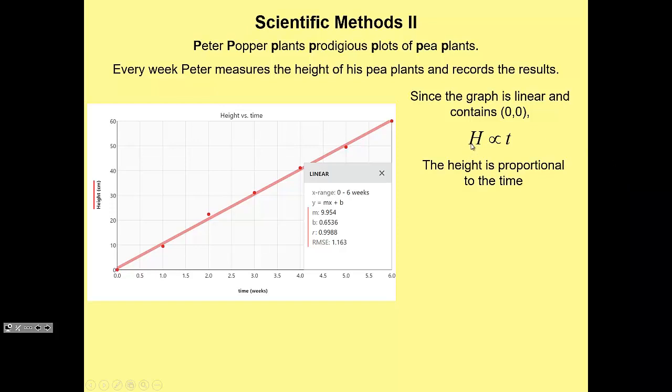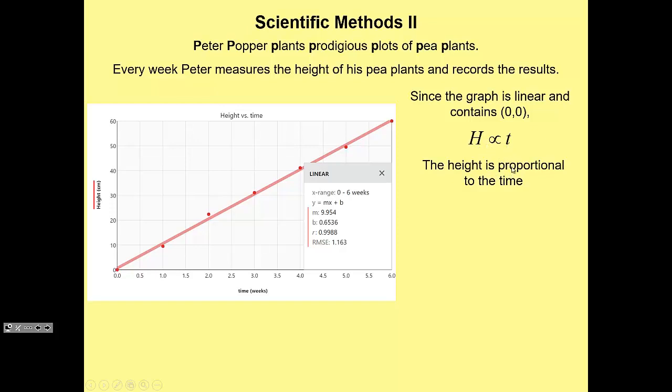The h here is a symbol that stands for height. I'm not going to use x and y because that's math, that's generic. I'm going to use symbols that mean something. So I'm going to call height capital H, and I'm going to call time lowercase t. This little symbol in the middle looks like an infinity sign with an open end on the right-hand side. This is called the proportionality sign. You would literally read this as the height is proportional to the time.